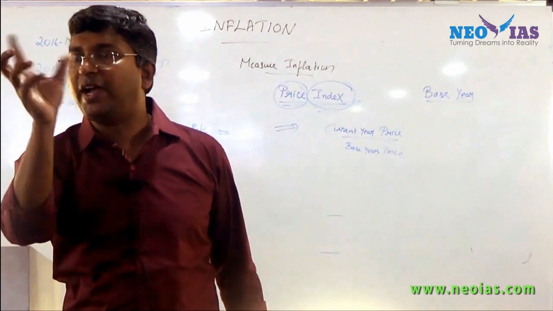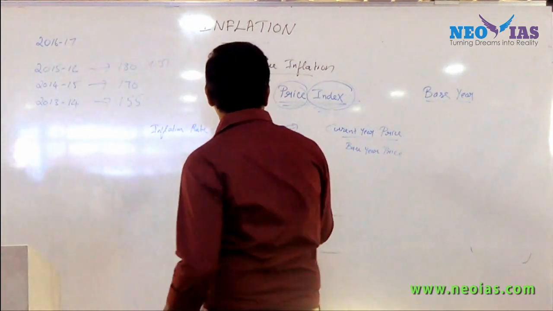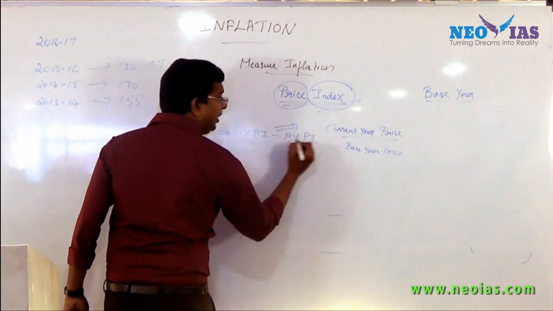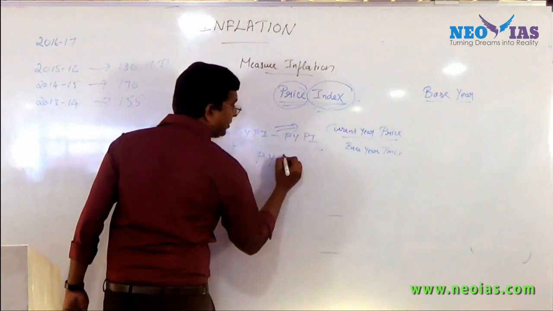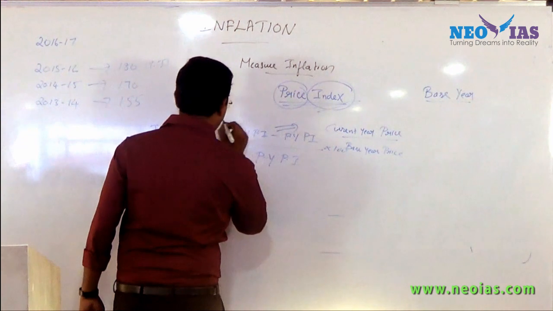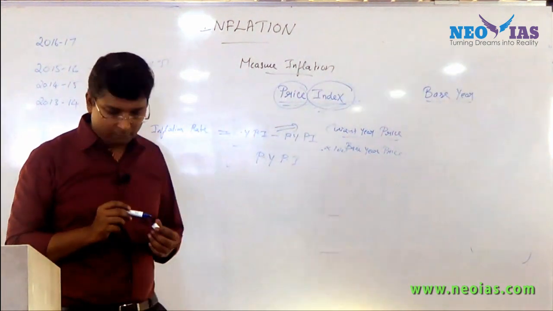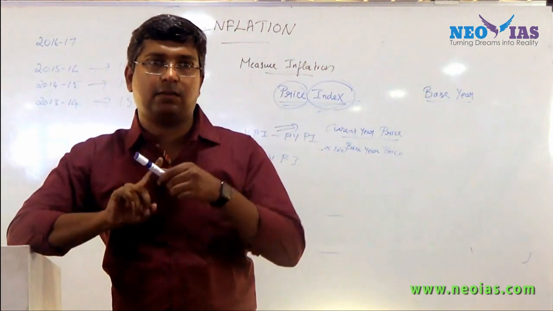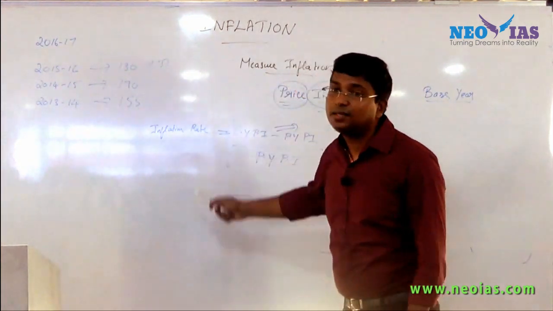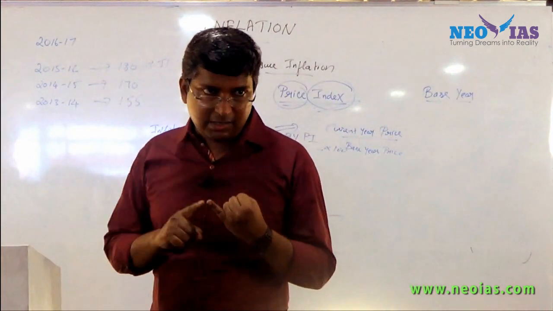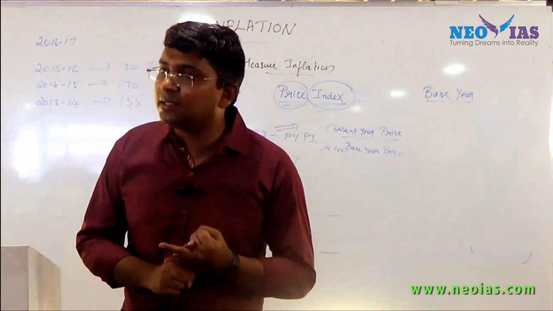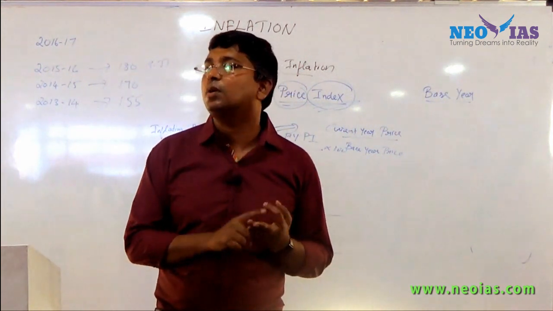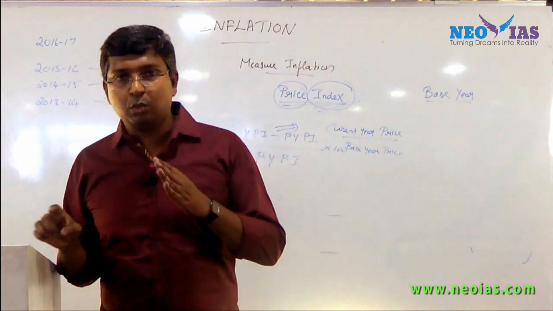We will find the difference: current year price index minus previous year price index, divided by previous year price index, into 100, will give you the inflation rate. So how to calculate this inflation rate? Current year price index minus previous year price index divided by previous year price index into 100 gives you the inflation rate.